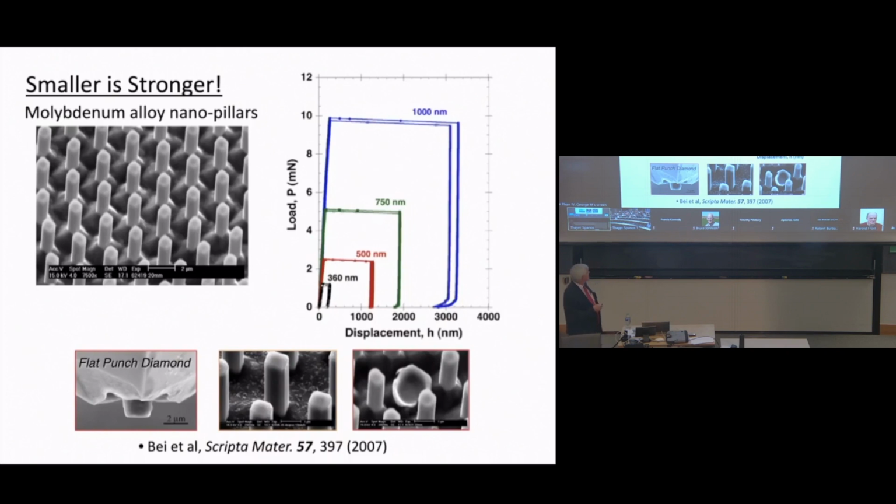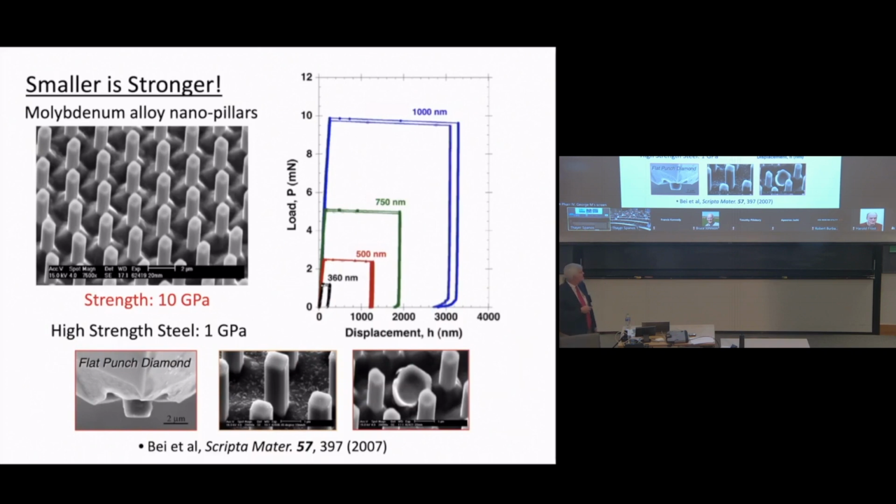Well, what's most interesting about that is to take these loads and turn them into stresses, and take the displacements and turn them into strains. And when you do that, the strength of these things ends up being 10 gigapascals. Now, most of you probably don't have an appreciation for what 10 gigapascals is.